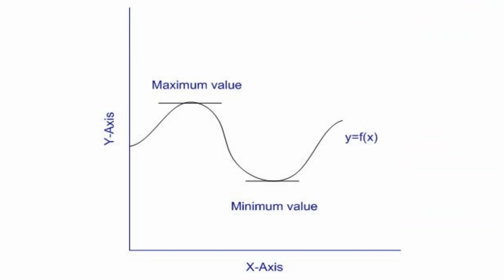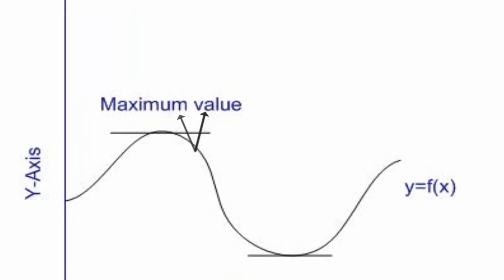Now observe the curve closely. The second observation is that immediately before attaining a maximum value, the curve increases at a decreasing rate, and immediately after attaining a maximum value, the curve decreases at a decreasing rate.